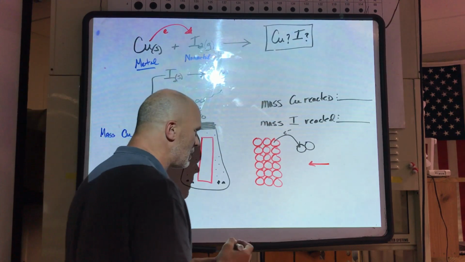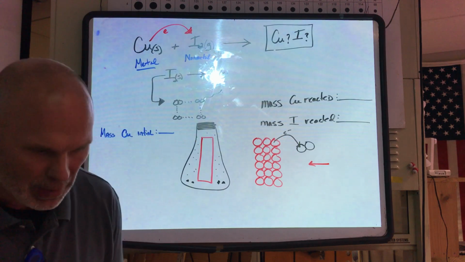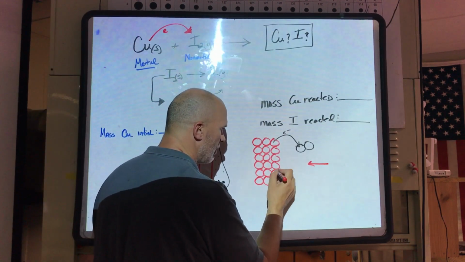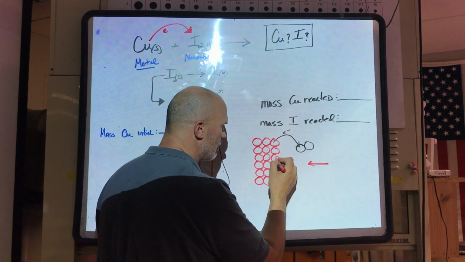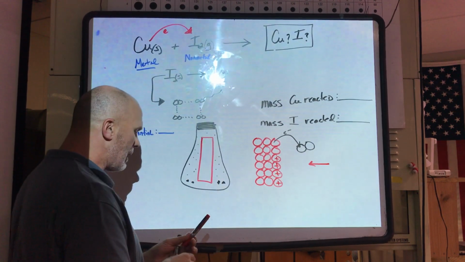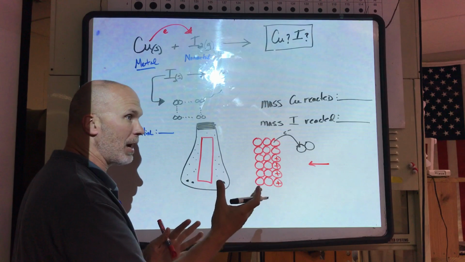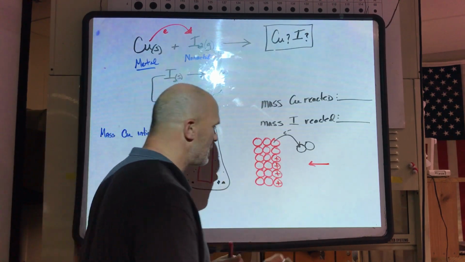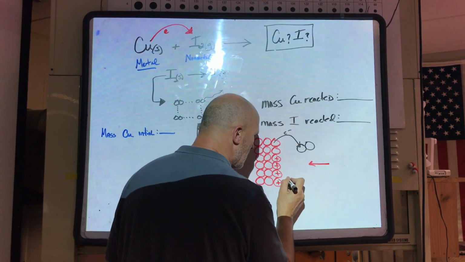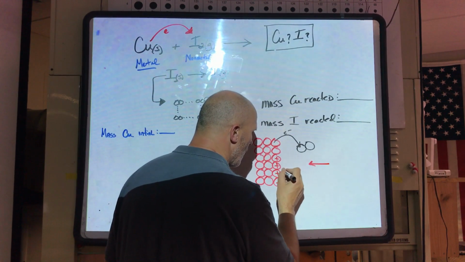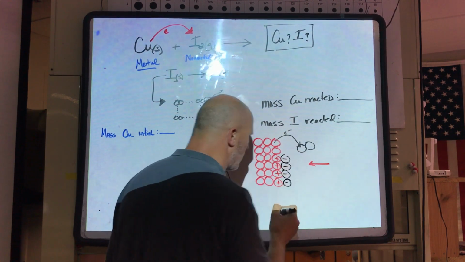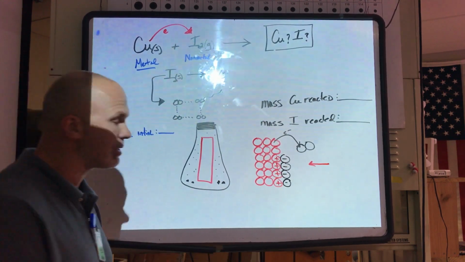And so what happens is the copper is going to get positive. The copper becomes positive 1 or positive 2, we don't know, but it's going to get positive, and we know the iodine is going to get negative 1, and we're going to have ourselves a crystal lattice. Now I'm drawing +1, -1, but I don't know if that is the case.